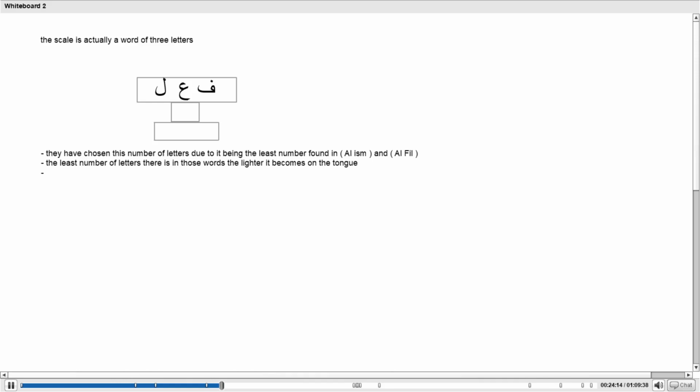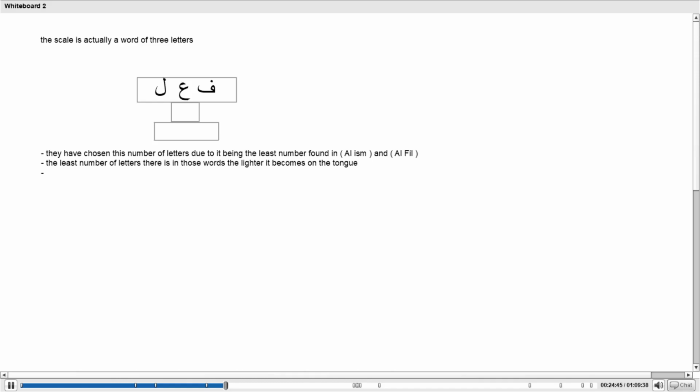Someone does not agree. Okay, what is easier if I say fa'ala or if I say fa'alala? The first. If I say Fahd or if I say Ja'far? The first. If I say Qatala or if I say Dahraja?